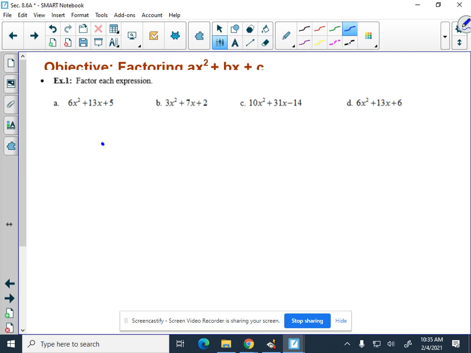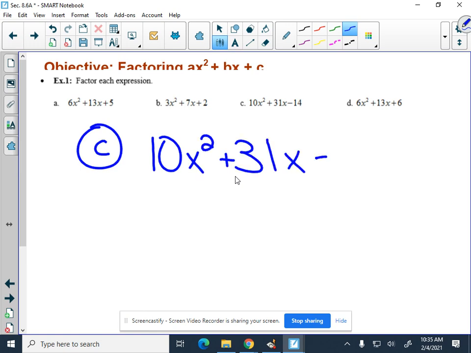Part C. 10x squared plus 31x minus 14. This one is going to be a little bit longer because it's got more options. Okay? First of all, you have to look at the 10.